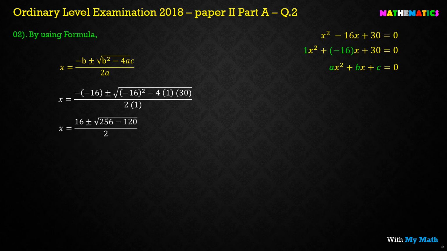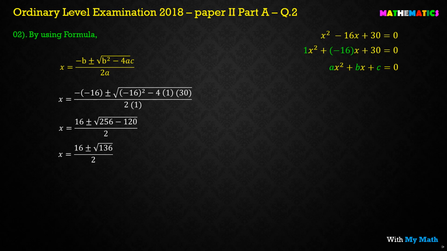And here, solving them, you can see minus 16 squared equals 256, and then 4 into 1 into 30 equals 120. It is minus, so then it becomes plus: 16 plus or minus square root of 136 divided by 2. So here we have to think something. You can remember that in our question they have given something. What was that?